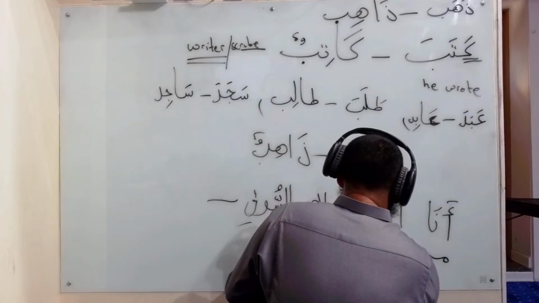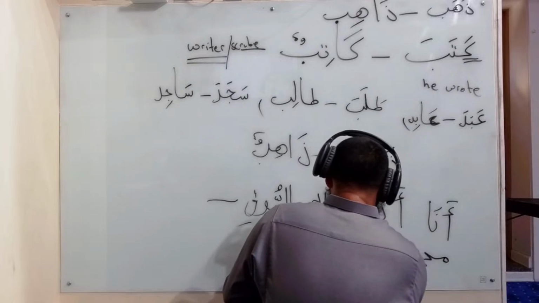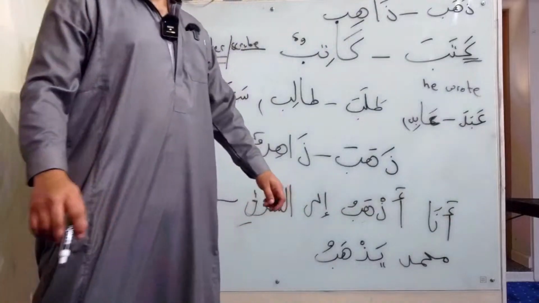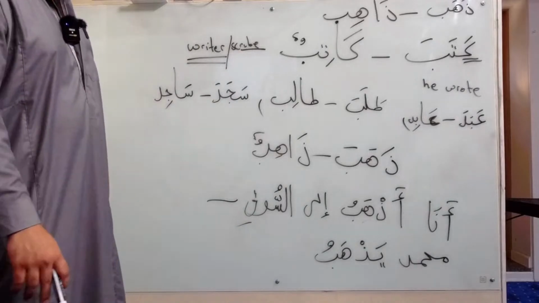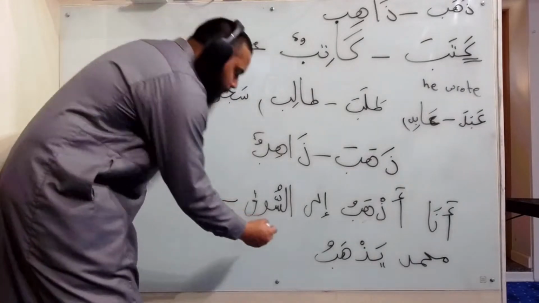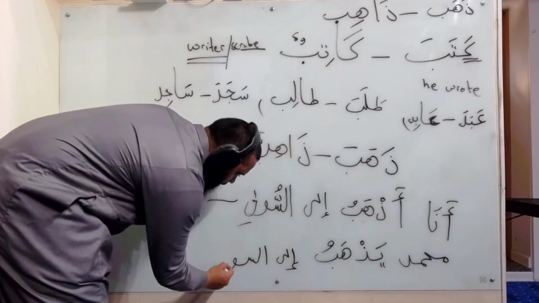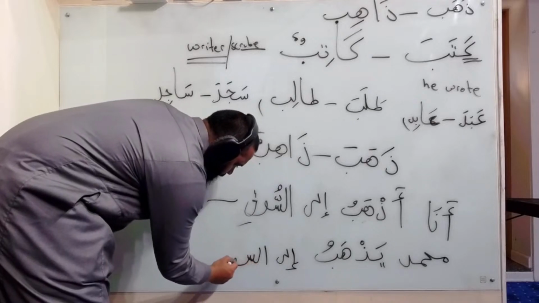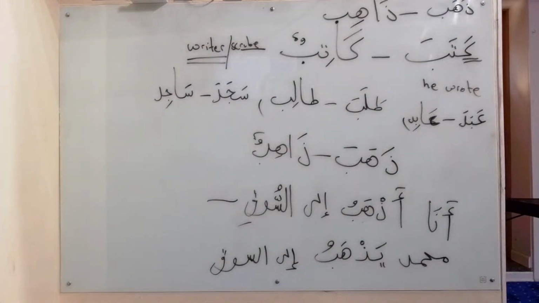What are we going to say for Muhammad? Yadhhabu, right? Conjugation. What's the meaning of conjugation? Meaning when you put the verb in different forms. That's conjugation. Muhammad yadhhabu ila al-suq. What is the meaning of that? Muhammad is going to the market. Clear so far?